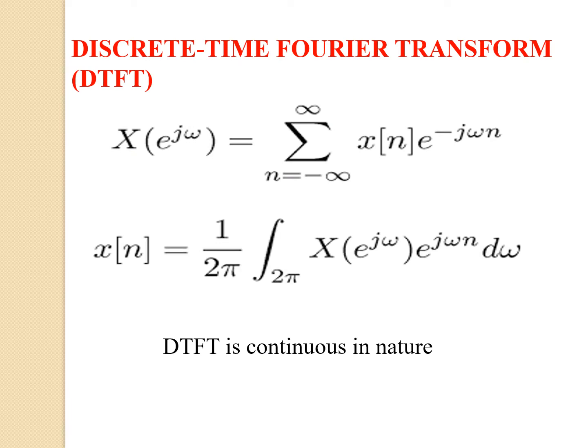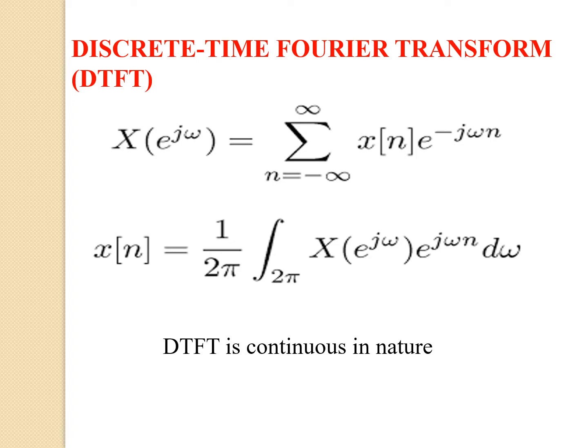So in order to understand the DFT better, we have to know what is DTFT, that is discrete time Fourier transform. The discrete time Fourier transform is nothing but the representation of non-periodic discrete time signals as a function of the frequency omega.